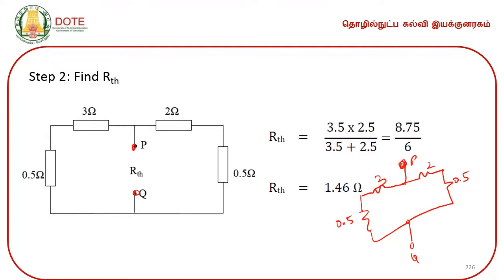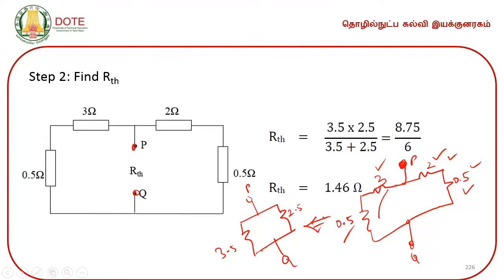Now, from across the terminals, if you see, the resistances 3 and 0.5 are in series, the resistances 2 and 0.5 are in series. So, I can make these two resistances a single one, which is 3.5, then I can make these two a single one, which is 2.5 across P and Q. So, this is equivalent to this.